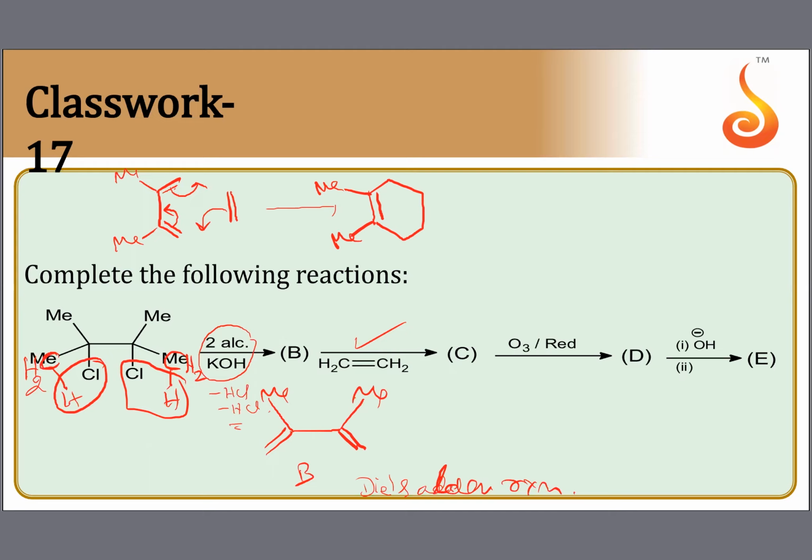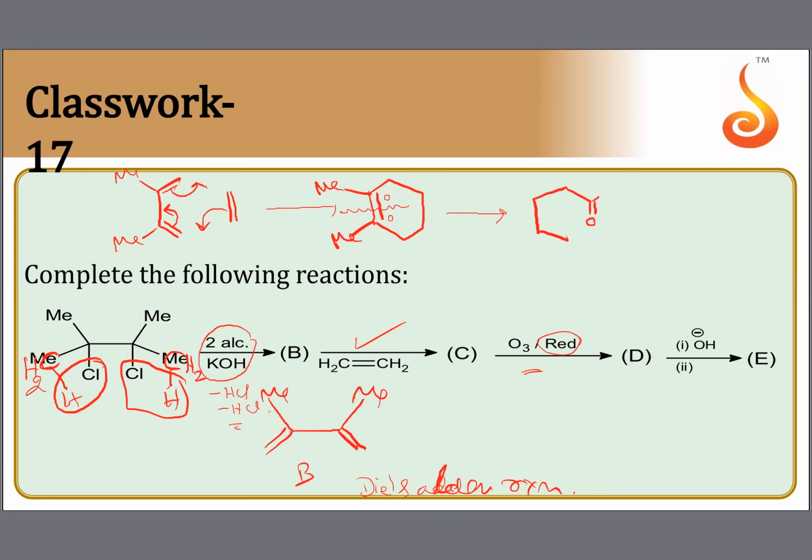Subjected to ozonolysis. Reductive ozonolysis. So during the reductive ozonolysis, what happens? You break the double bond and attach just oxygen at the doubly bonded carbon. So I am writing this here for convenience.